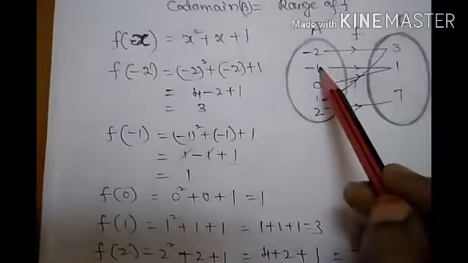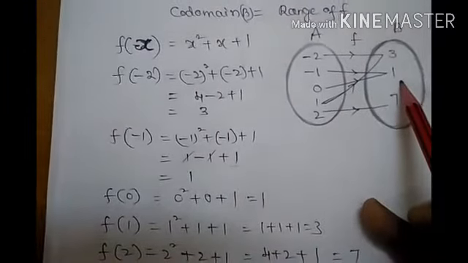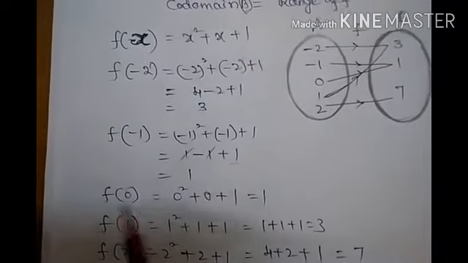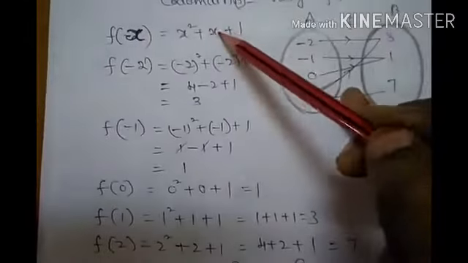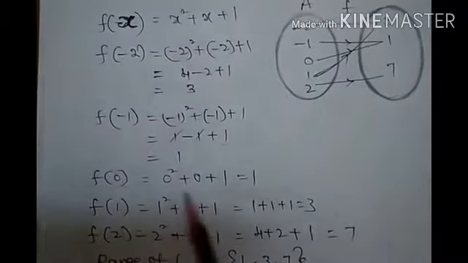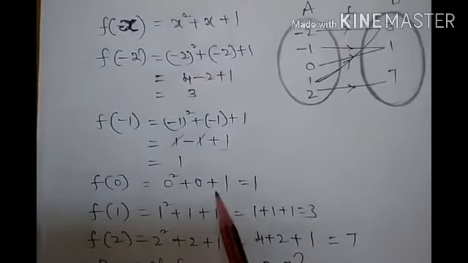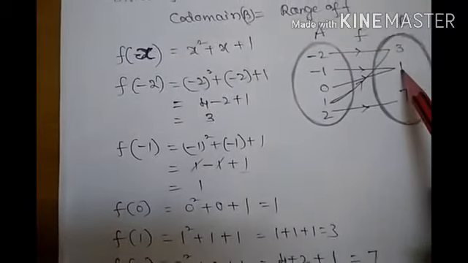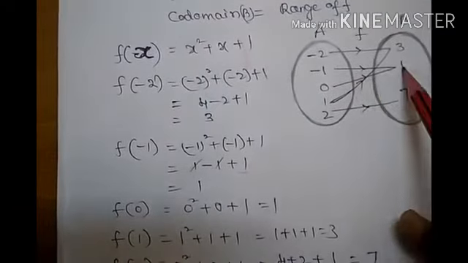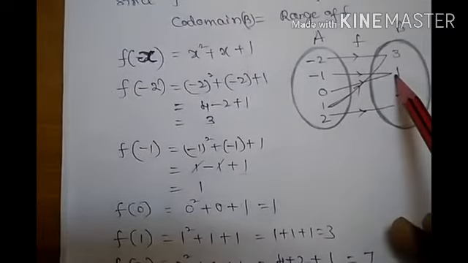So minus 1 is mapped to 1. F of 0. So substitute x is equal to 0. 0 square plus 0 plus 1, so f of 0 equal to 0 square plus 0 plus 1 equal to 1. Now 0 is mapped to 1 again. Minus 1 is mapped to 1 and 0 also mapped to 1.